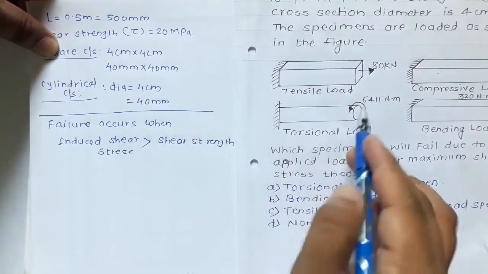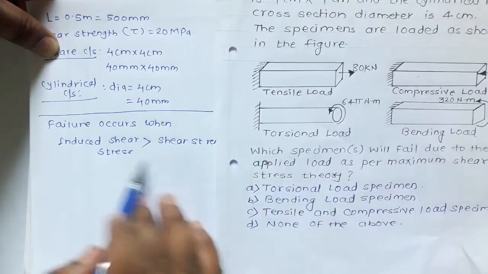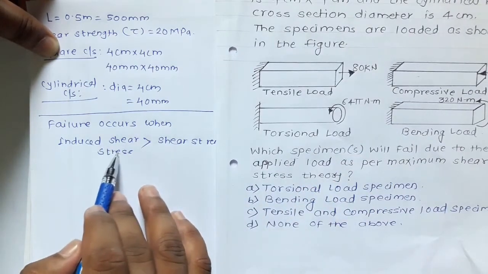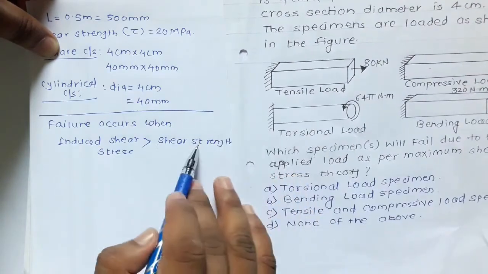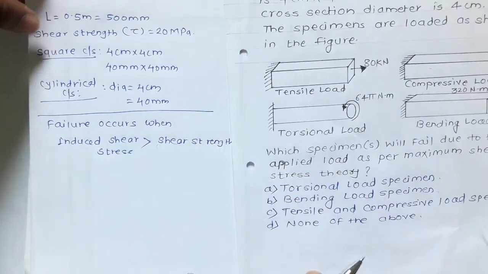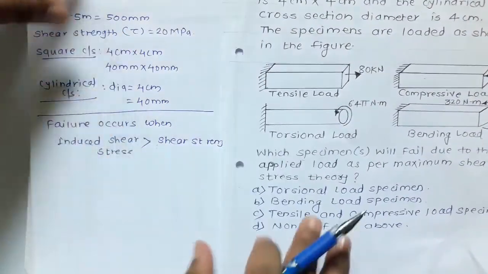That means first of all we have to find out the induced stress in all these four specimens, and when you find the induced shear stress in any one of the specimens is greater than the shear strength, then we can say that that specimen will fail. So let us find out the stresses in each specimen one by one.